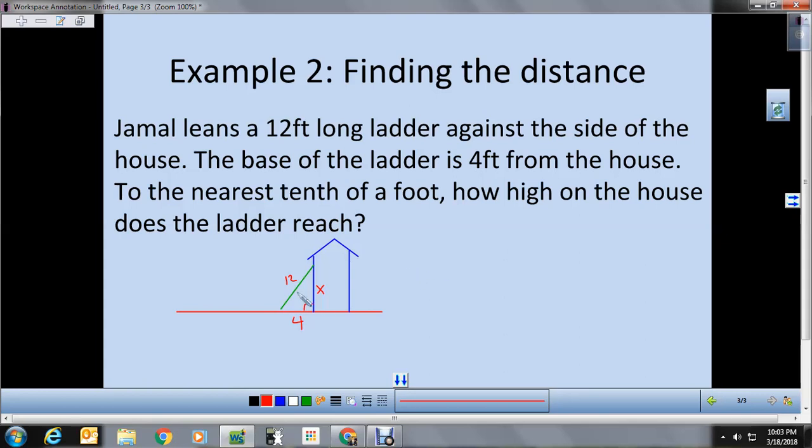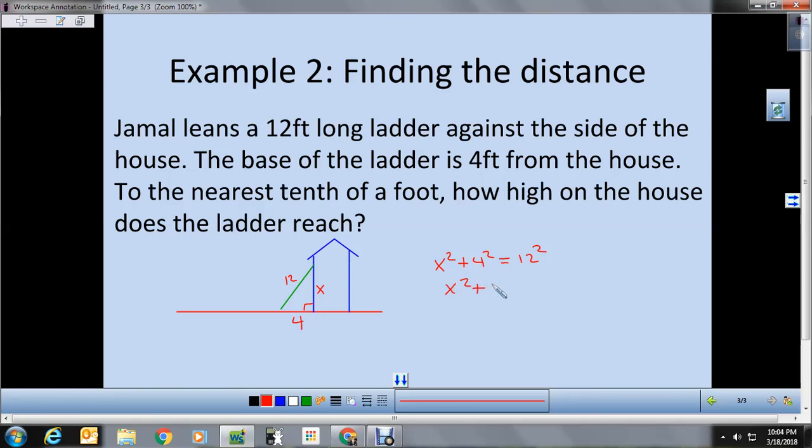So we have our hypotenuse is 12, which means it's going to be by itself, which means the other two are legs. X squared plus 4 squared is equal to 12 squared. Now, typically on word problems, we're going to be rounding to the nearest foot or decimal place. So always look to see what they're asking to round to as you begin your problem.